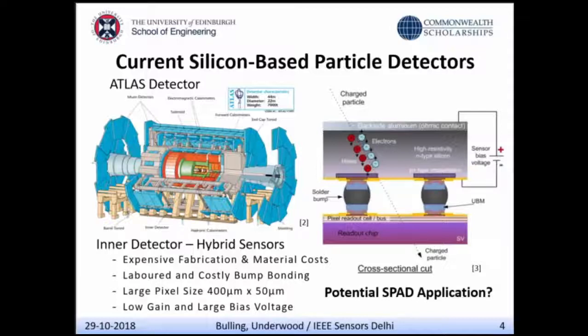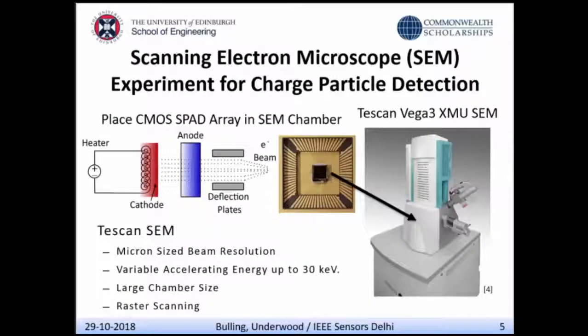And so we decided to investigate the use of SPADs for charge detection. We chose a scanning electron microscope, basically to take the SPAD and place it within the same chamber. It's a vacuum, so very little interaction or scattering of the electrons. There's no light in there, so that's good. And basically we just irradiate it and see if electron detection is possible. In this case, we use the Tescan Vega 3 XMU SEM.